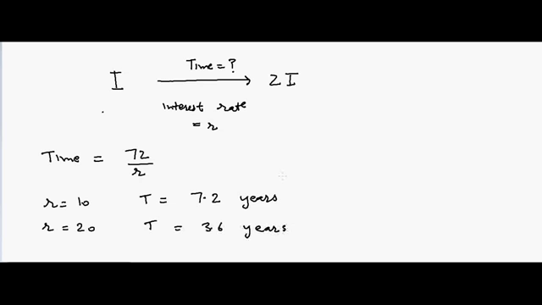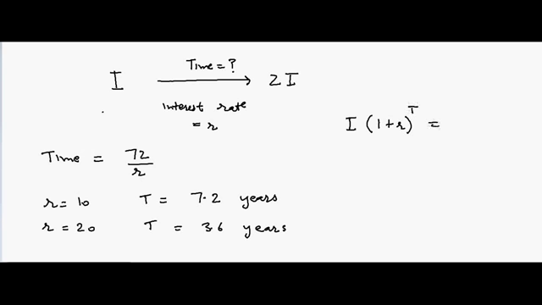So how does this rule work? Let's try to solve this problem in a regular way. In the regular way, suppose we have investment I, and we have interest rate 1 plus R, and we invested for t years.